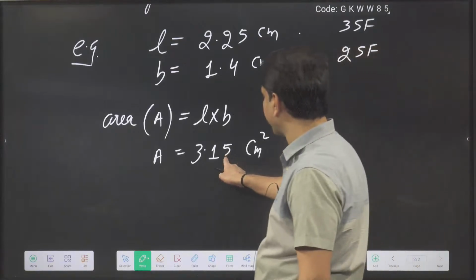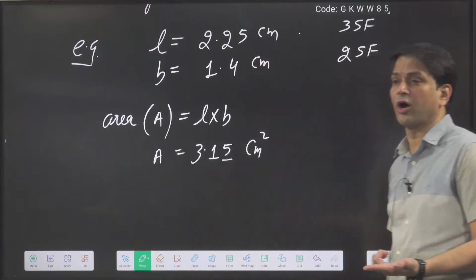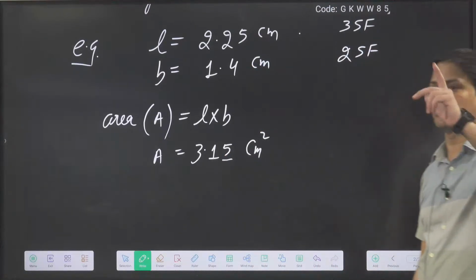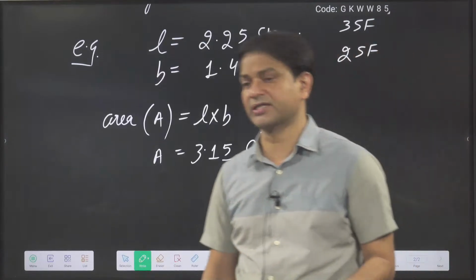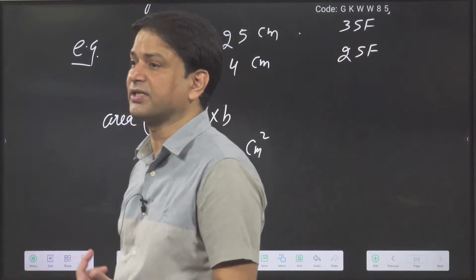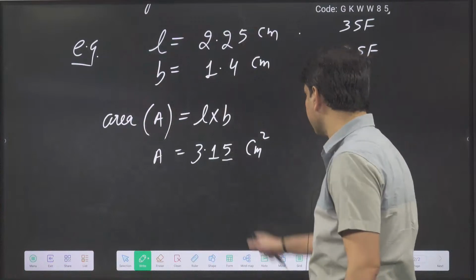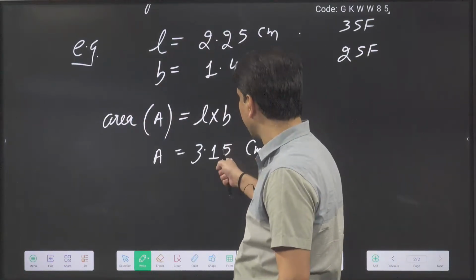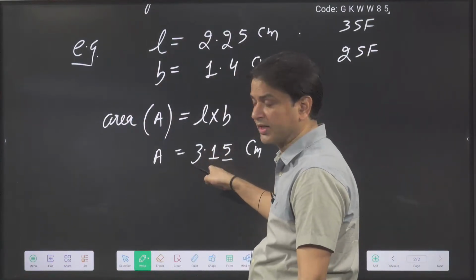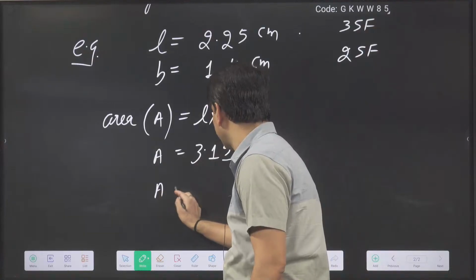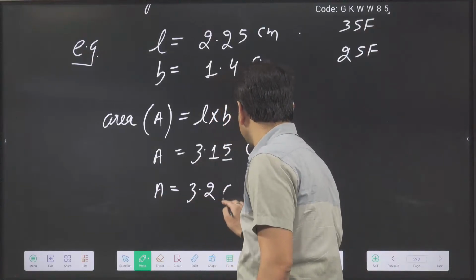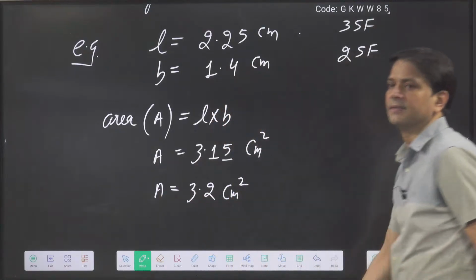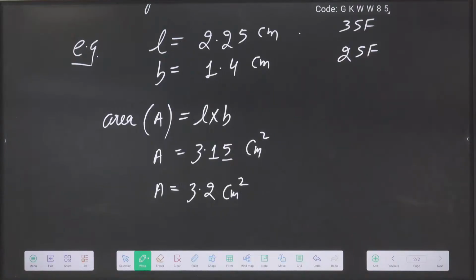So then this 5 you have to drop. Then what I said, we have to check the preceding digit. If it is odd, it will increase by 1. If it is even, it will remain unchanged. So like here, I have to drop 5. Now the preceding is 1. 1 is odd. Then the area is 3.2 centimeter square. Completed.